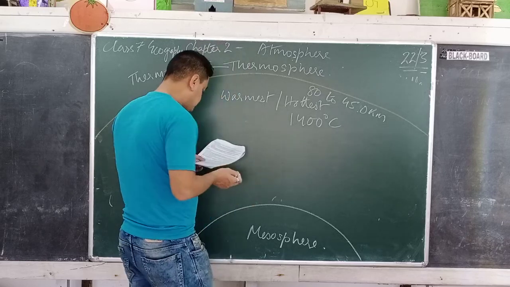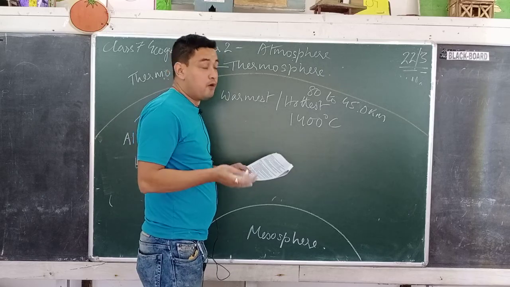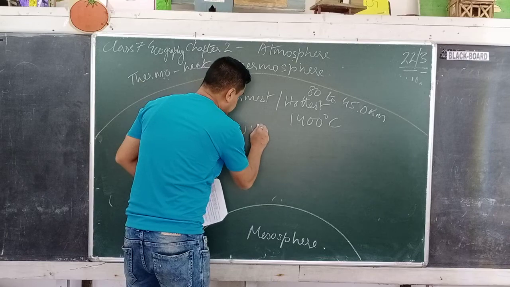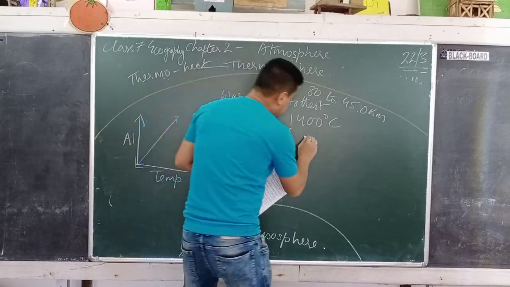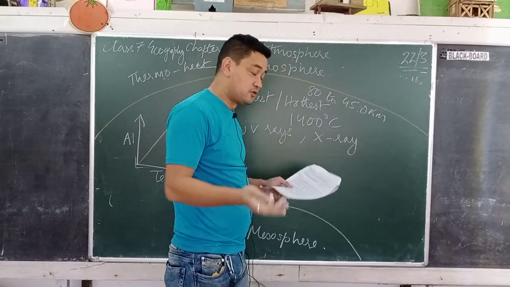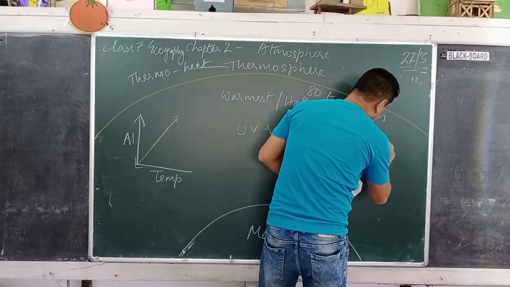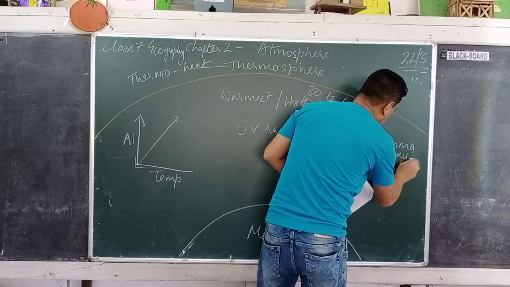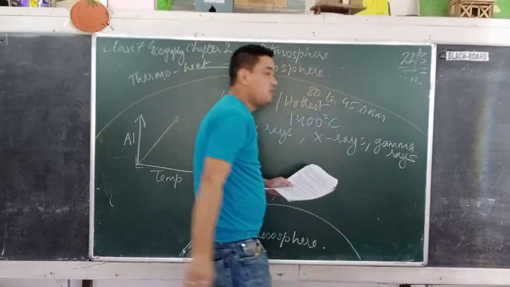For example, ionization of molecules happens in this layer due to ultraviolet rays which are absorbed by this layer. You find X-rays as well as gamma rays in this layer. Therefore, this layer is very warm.